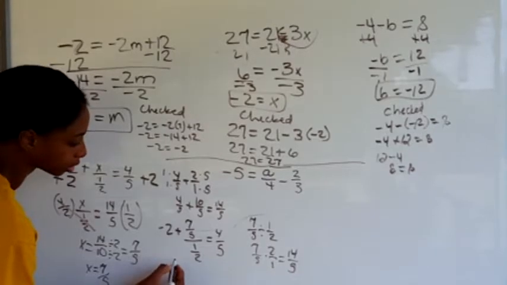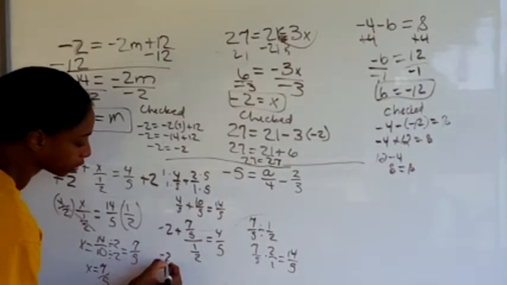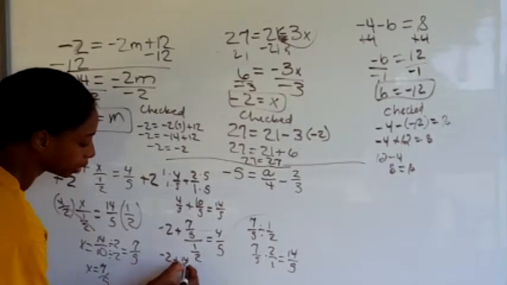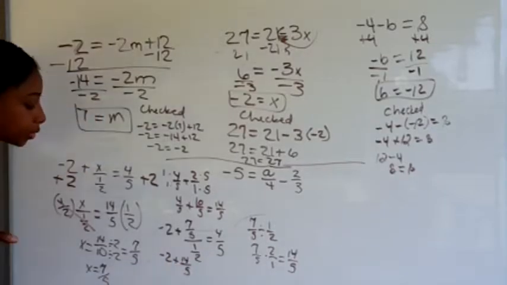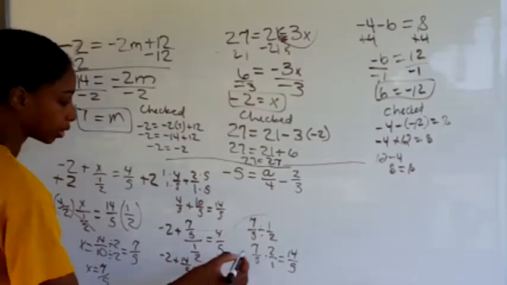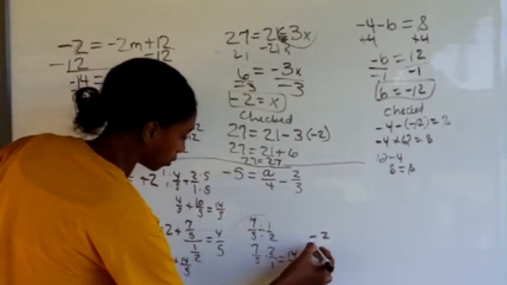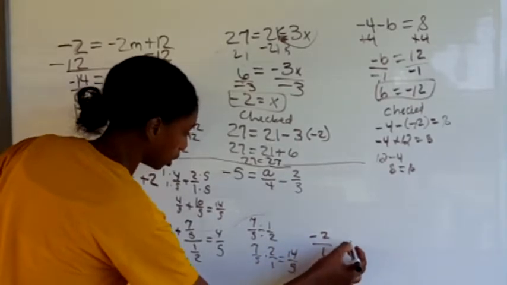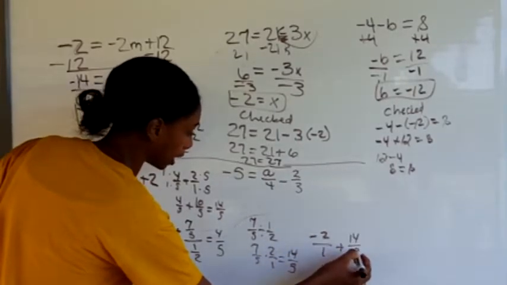So that's negative 2 plus 14 over 5. So then we do negative 2 over 1 plus 14 over 5.